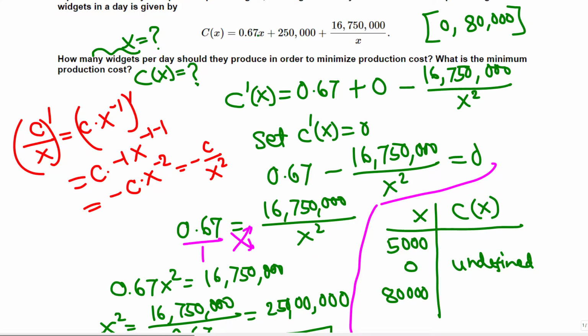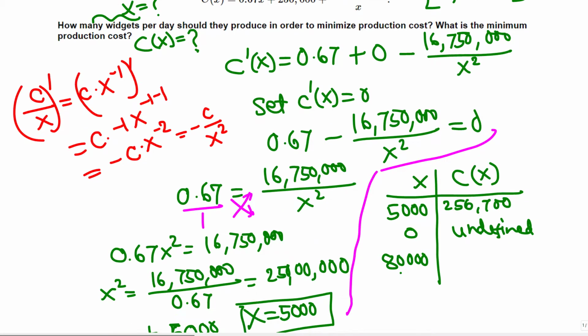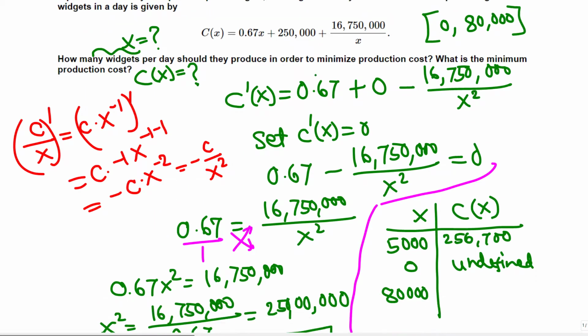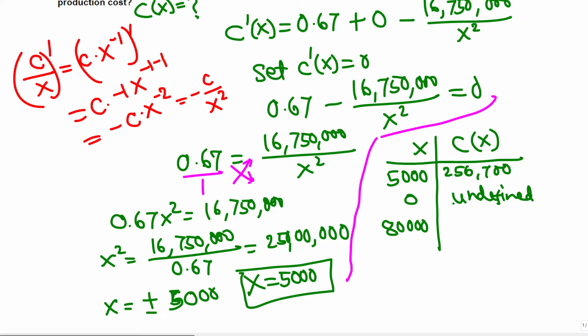So 0.67 times 5,000 plus 250,000 plus that number over 5,000. Use your calculator, you're going to get 256,700. Now plug in 80,000 in the same function. If you plug in, you get 303,809, and from these three we can see this is the minimum cost, and that happens at 5,000.